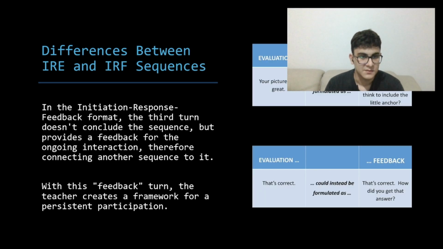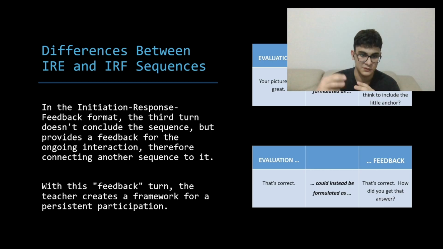Next, we have differences between IRE and IRF sequences. In the initiation response feedback format, which is also called the IRF format, the third turn, which is evaluation, is switched with feedback, which doesn't conclude the sequence but provides feedback for the ongoing interaction, therefore connecting another sequence to it, which drives the class to be more flexible, keeping the flow of the class going, not stopping in between these sequences.